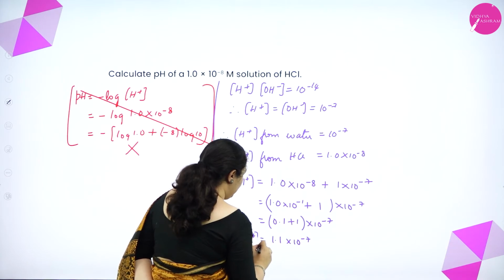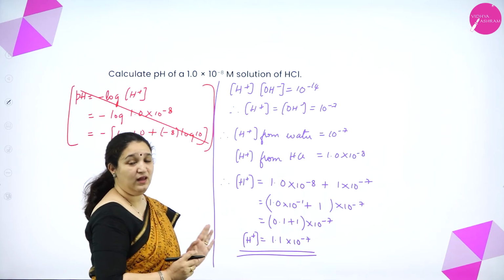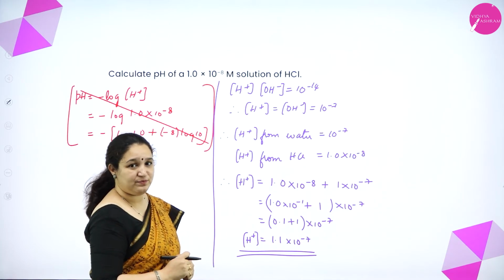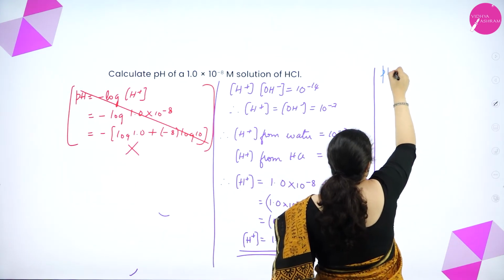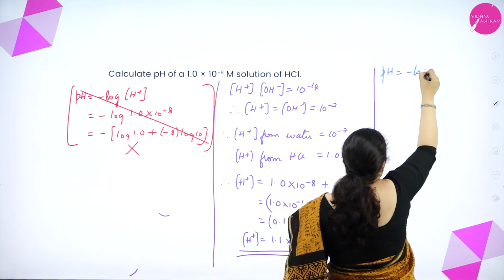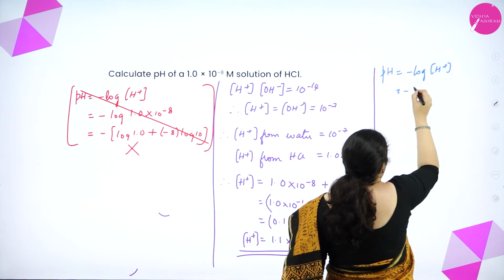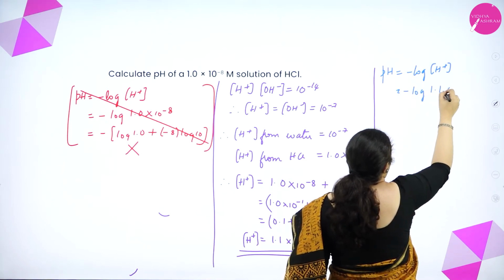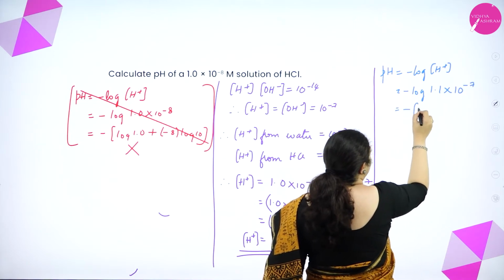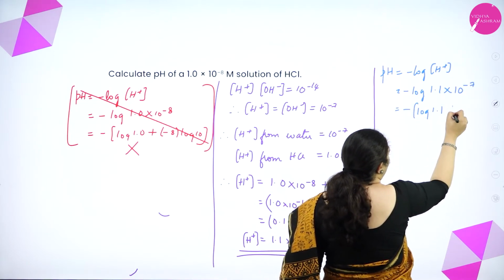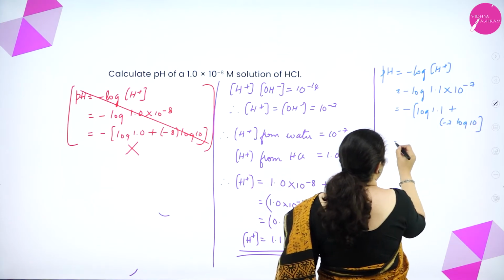This is the H plus ion concentration that I have to take in the problem while calculating pH. So, what is the formula of pH? pH is equal to negative logarithm of H plus ion concentration. So, I will take negative log of 1.1 into 10 to the power minus 7, which is nothing but log of 1.1 plus minus 7 log 10, correct?